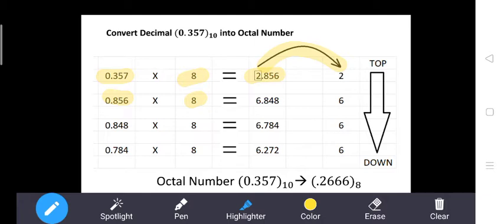My answer is 6.848. I again take 6 out. My remaining number is 0.848, multiplied by 8. My answer is 6.784. Again, I take 6 out. Again, 0.784 multiplied by 8. My answer is 6.272. I again take 6 out.